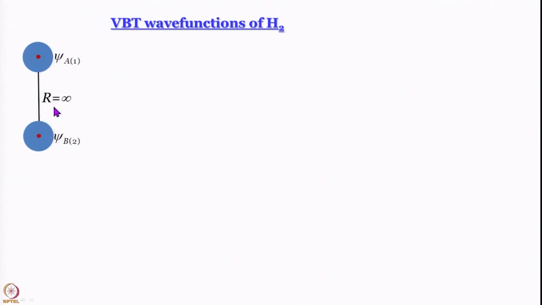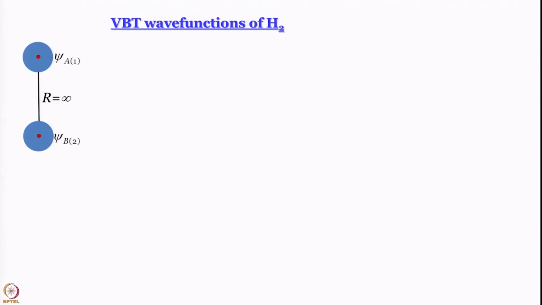Now, when I say infinity I do not mean infinity, say 10 angstrom is sufficient to qualify as infinity for these atomic and molecular systems, because if you think of the potential energy between these two atoms, that becomes 0 asymptotically, but becomes close to 0 within say 10 angstroms of internuclear separation.